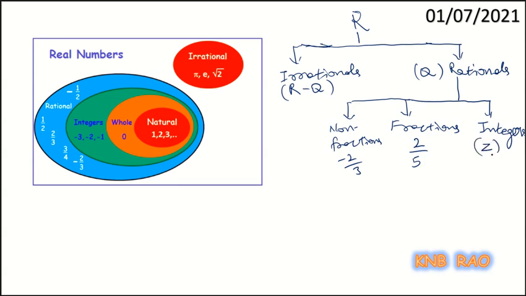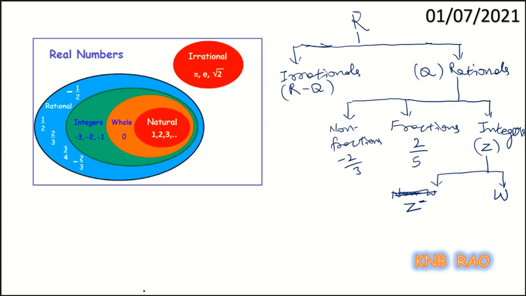Now, further the integer set is subdivided into whole numbers and non-whole numbers. I say non-whole numbers can be called positive integer, negative integer.